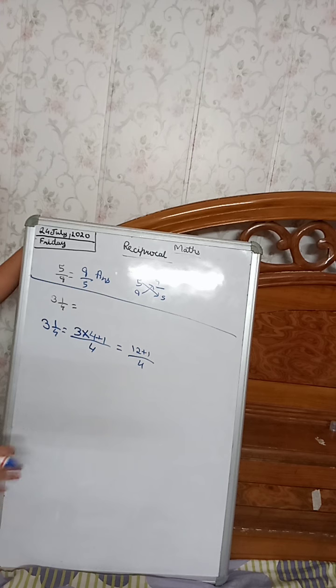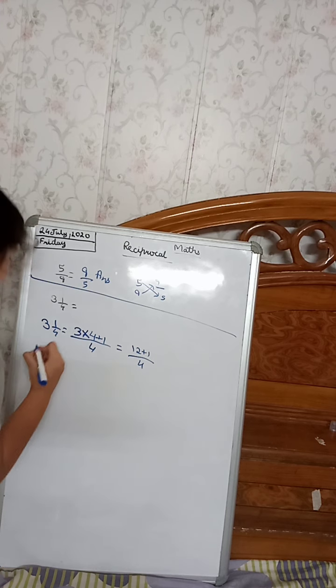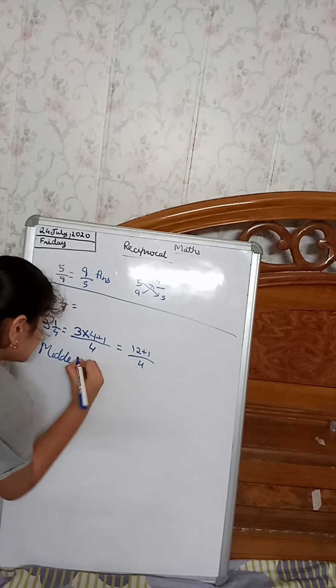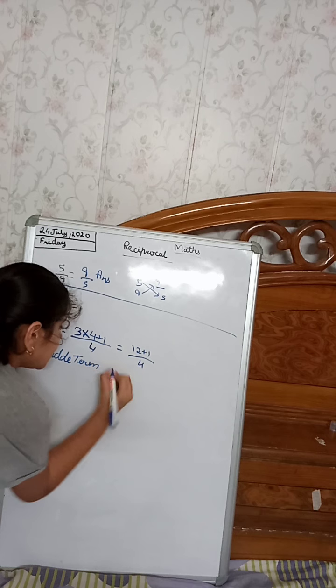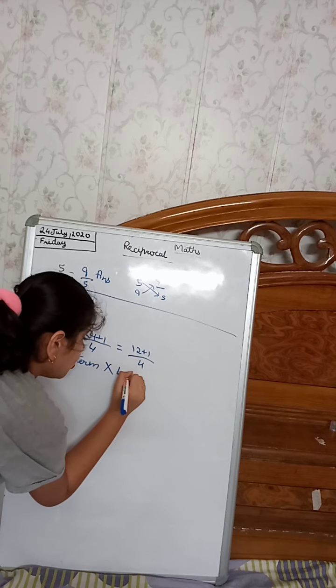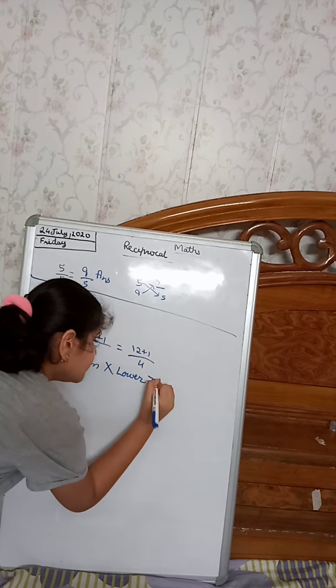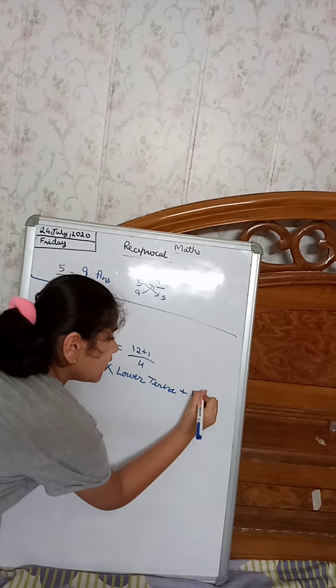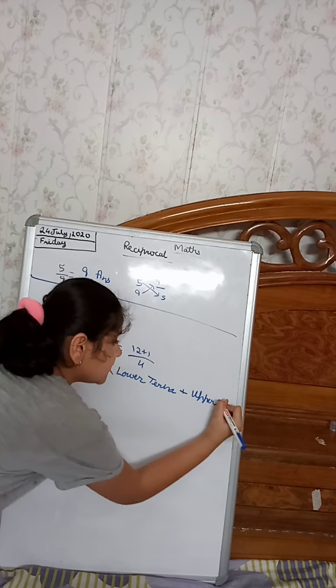Now I have to add 1, because we have to use the trick, that is middle term multiplied by lower term plus upper term.